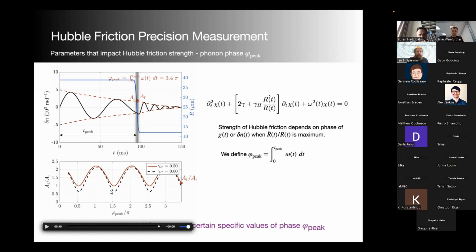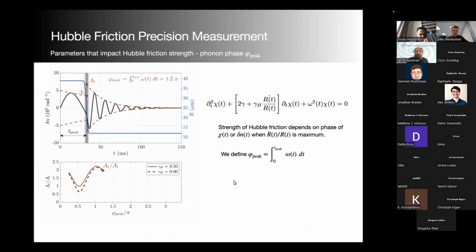The numerics plotted here were computed both with and without the Hubble friction term present. We can simply artificially remove it. And we see that with the Hubble friction term present, there's a decrease in this ratio, as given by this red curve. So that's specifically what we'd like to see in experiment.